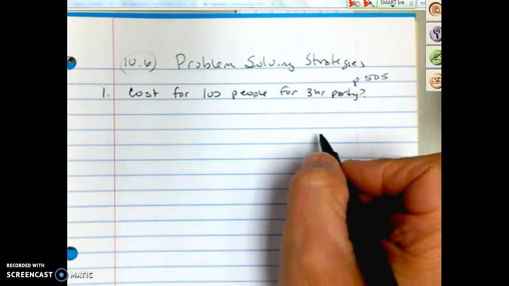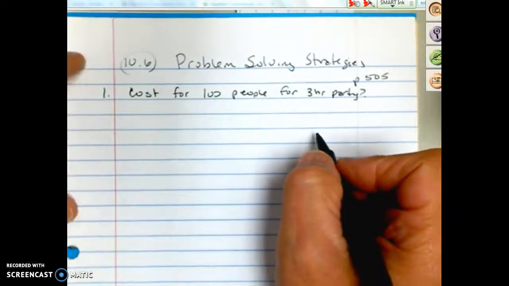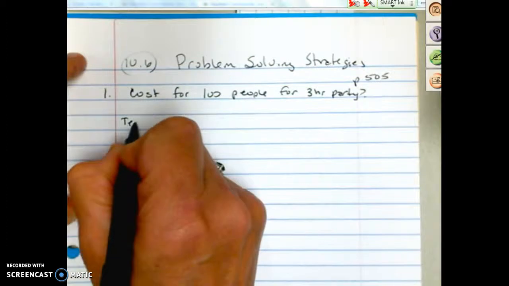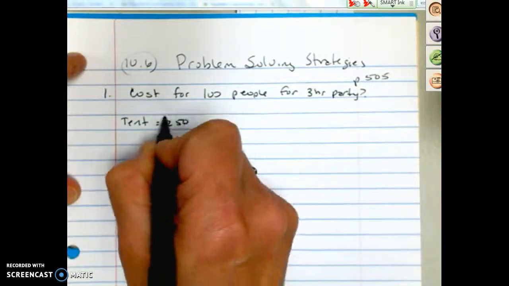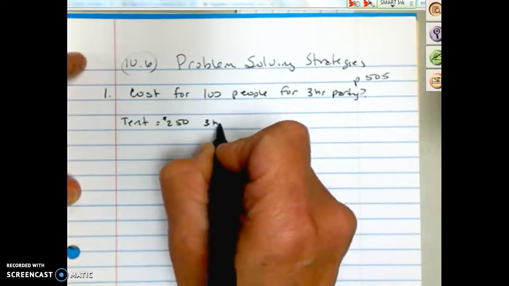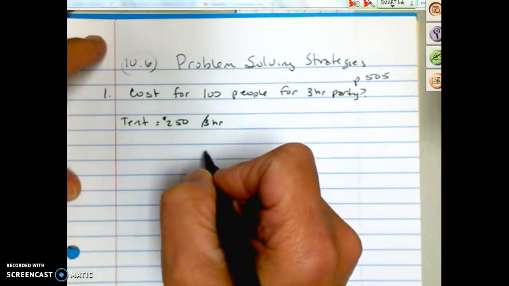And we have a table of information. We are going to have a tent, a band, and dinner. So we found out that our tent costs $250 for 3 hours. So we know our tent's going to cost $250.